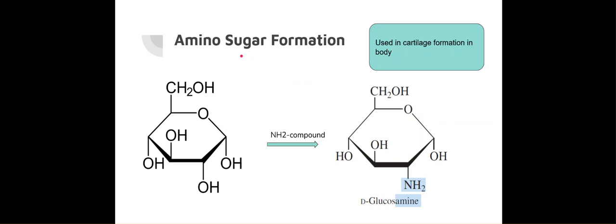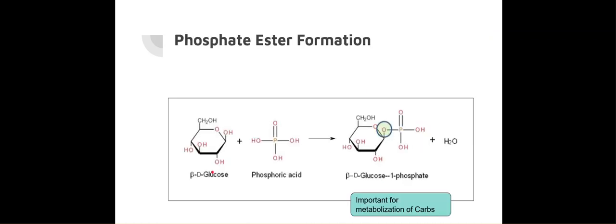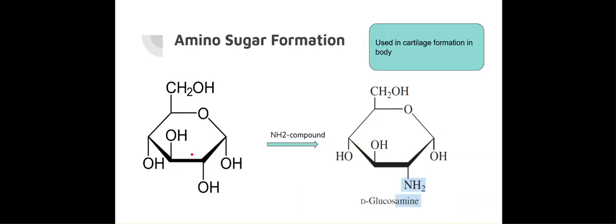Amino sugar formation. So here we have a sugar. This is one of our monosaccharides. I don't remember which one. It looks like it's an alpha configuration. This is an alpha D-glucose, it looks like to me.